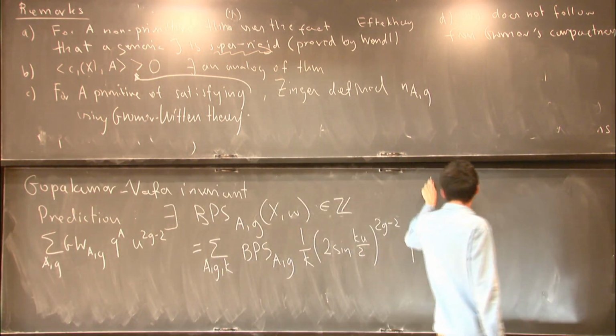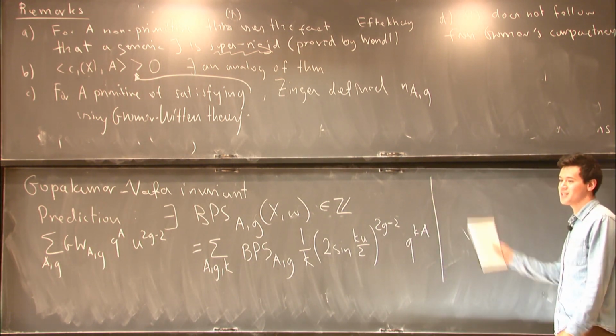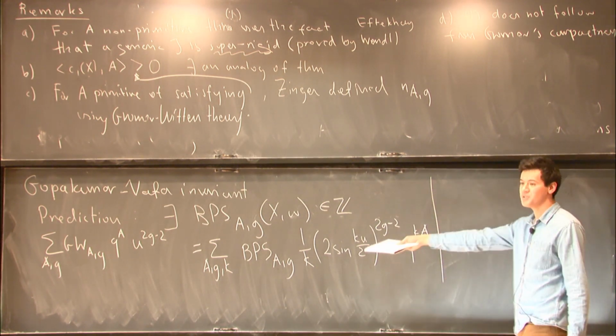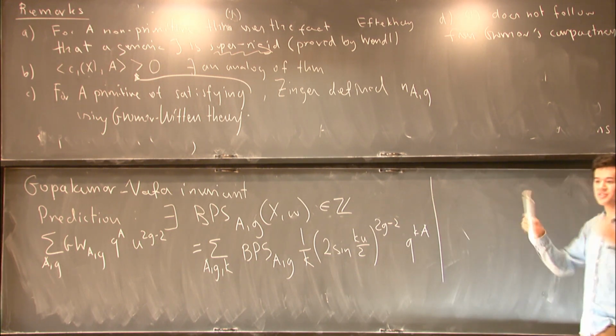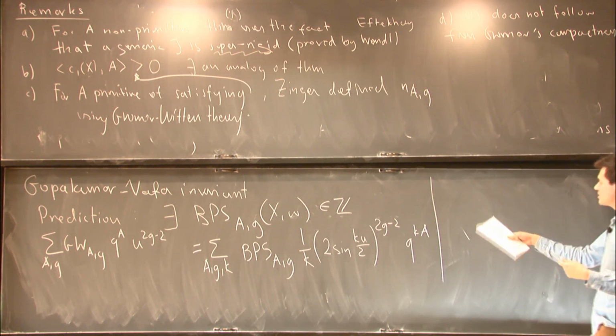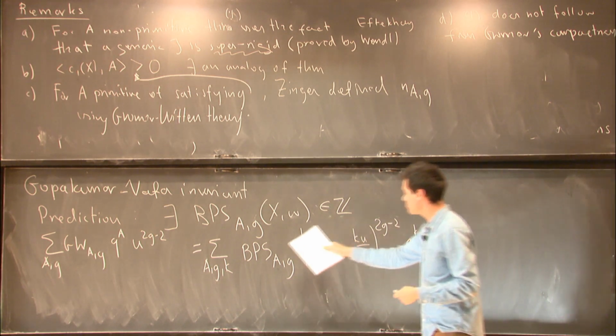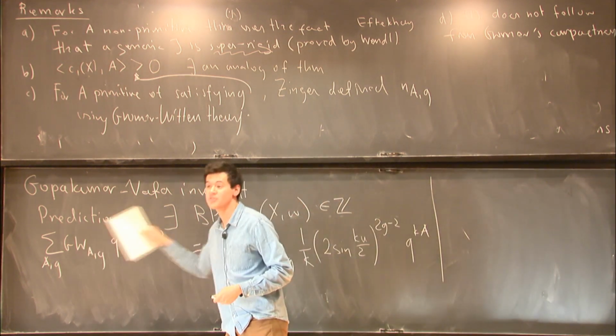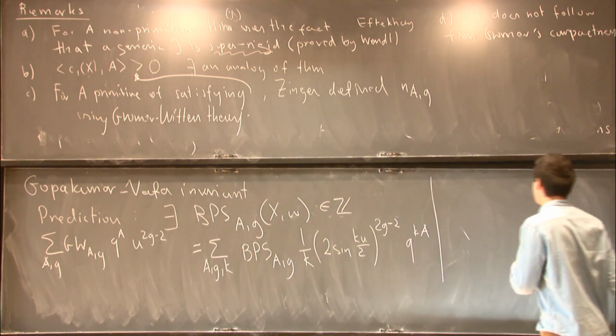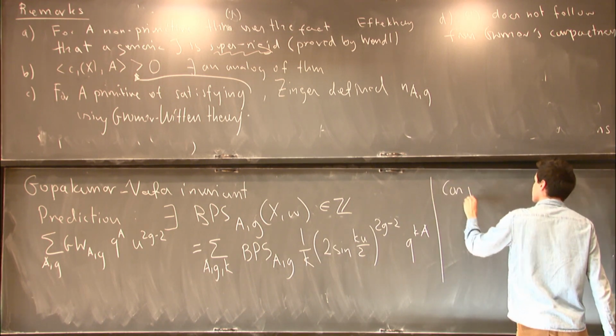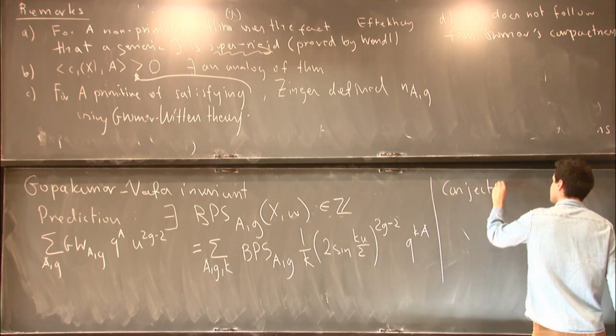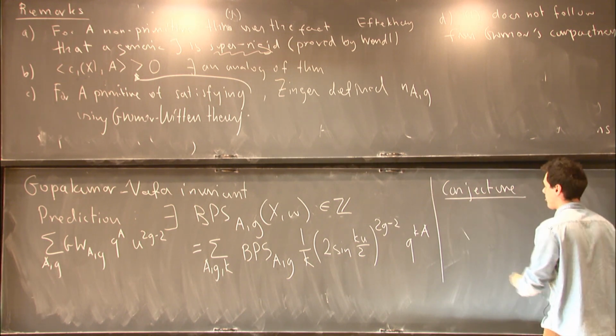An alternative way is just to say, well, you can define BPS by this formula because this is an invertible power series. It's some combinatorial formula, you can invert it, so you can actually express BPS as rational combinations of Gromov-Witten invariants, which are also rational. So then you can restate this problem of defining BPS as a conjecture.